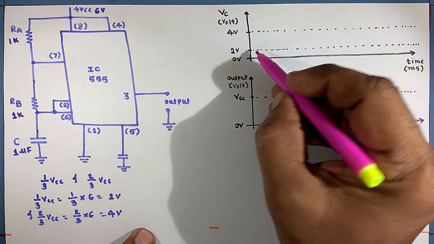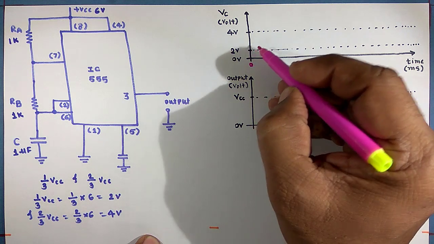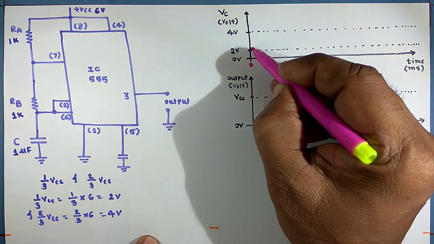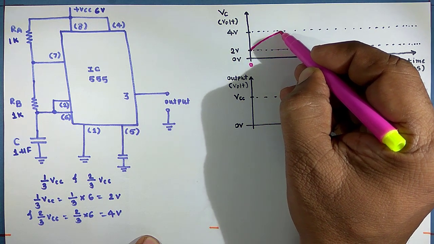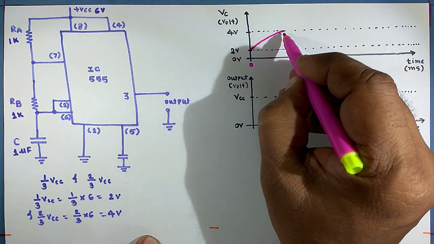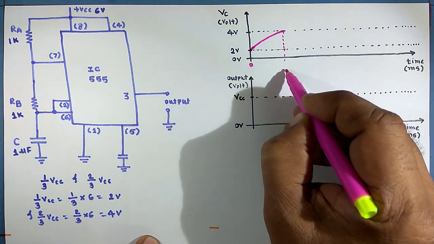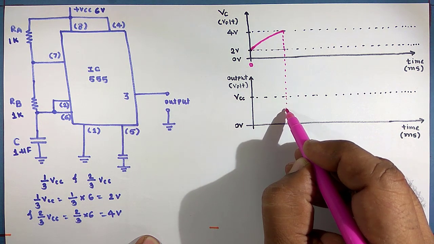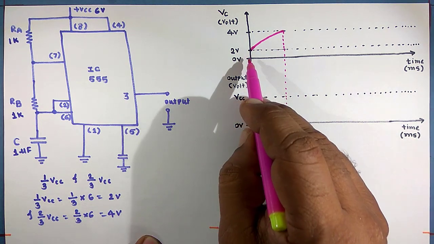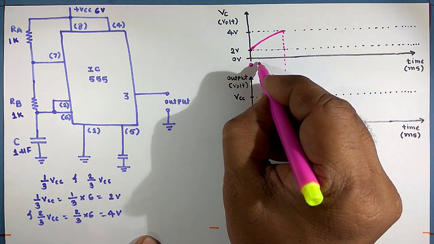Now if we consider this as the 0 time, capacitor starts charging at this point from 1/3 VCC, that is 2 volt, to 4 volt, and the time required for the capacitor to charge from 2 volt to 4 volt is time t1.